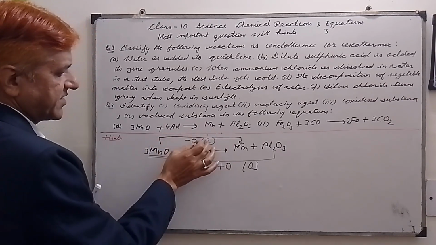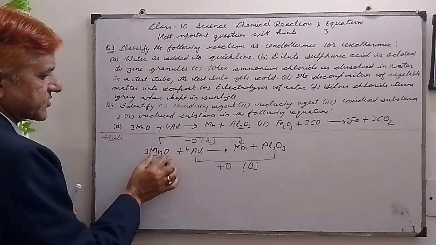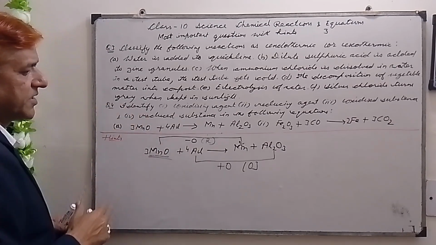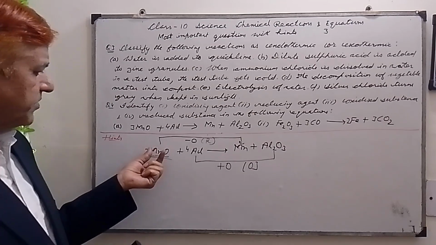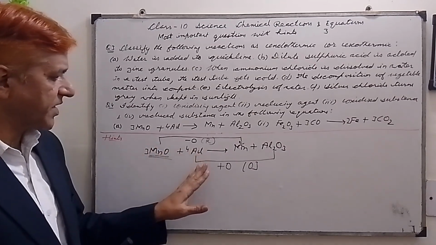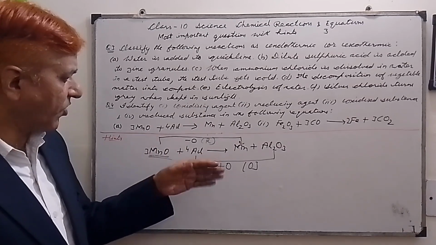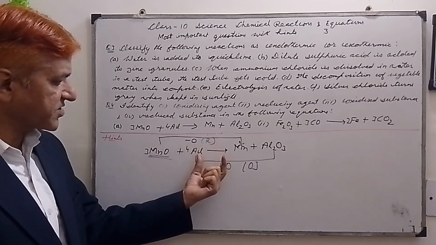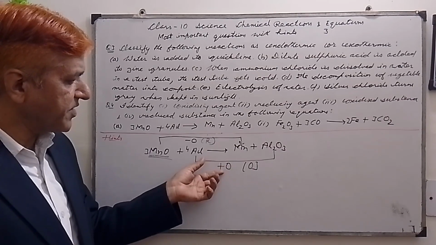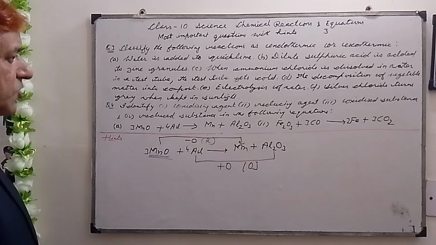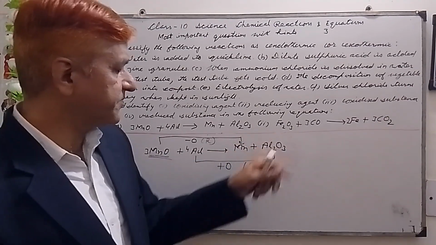Reduced substance, where is reduction? Reduction is here, so manganese oxide is the reduced substance. My dear students, this is how to identify these. I have made videos on oxidation and reduction reactions in which I have explained all these things in detail, so please watch those videos also.